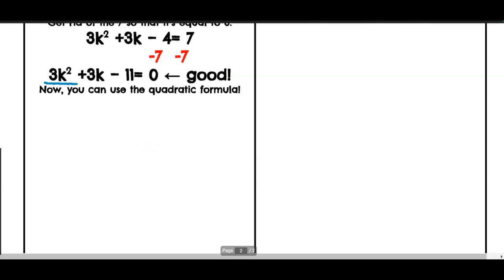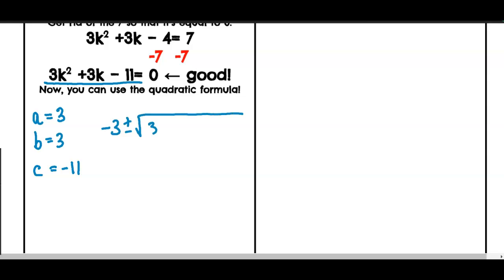So now we're going to actually solve this one right here. So A is 3, B is 3, and C is negative 11. All right, so opposite B, plus or minus the square root of B squared minus 4 times A times C, all over 2A.